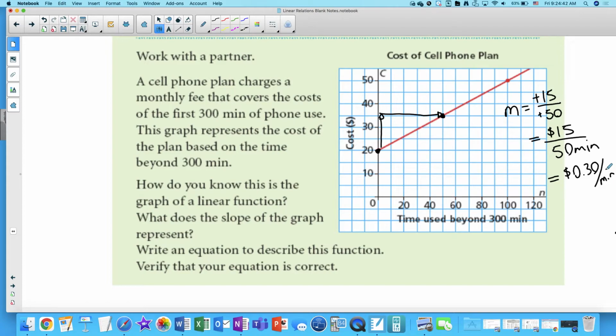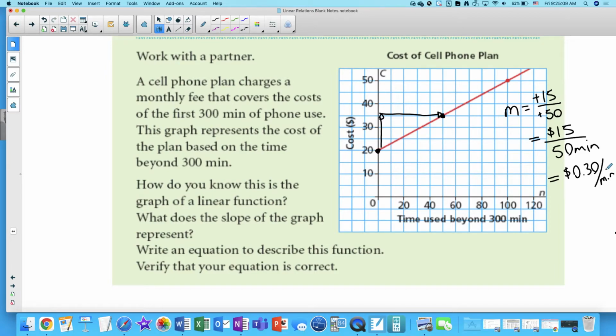Wait, so you wouldn't reduce the fraction after? So do you reduce the fraction or not? So the answer to that is it depends on the context. If you're trying to figure out what something means, usually the slope is a rate, right? A rate is something that compares two units. And it's most useful, I would say, to think of the rate as a unit rate.